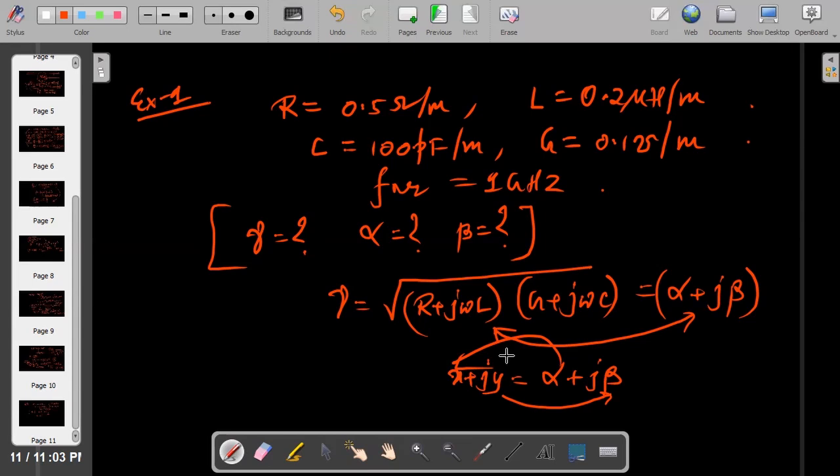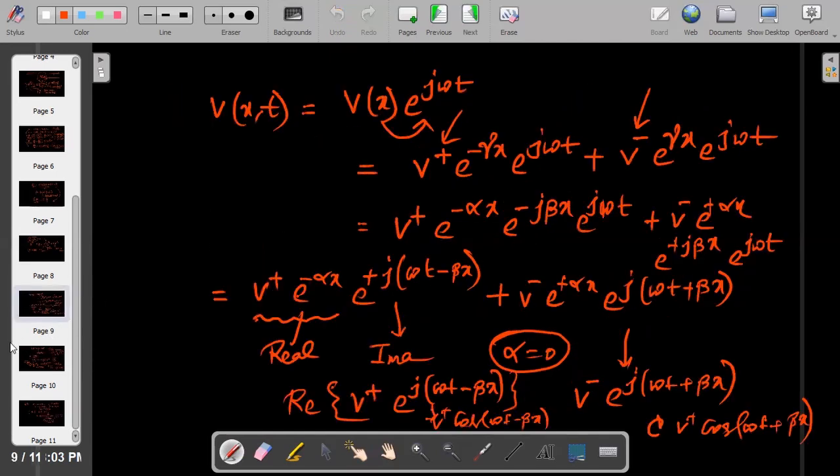Sir, can you go to slide 9, page 9? Here, na? Sir, here you told real of what, sir? Just I am telling, e to the power j is there, so this is your imaginary part, and this part is your real part.